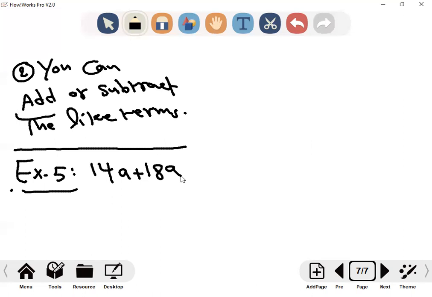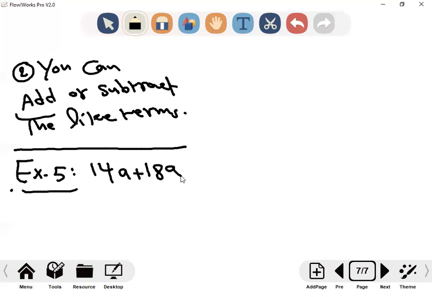Got it? So, what is the coefficient of 14a? 14. What is the coefficient of 18a? 18. So we add or subtract, depending on the question, the numbers, and the variable comes down. When I ask you, how much is 5 riyals plus 7 riyals?